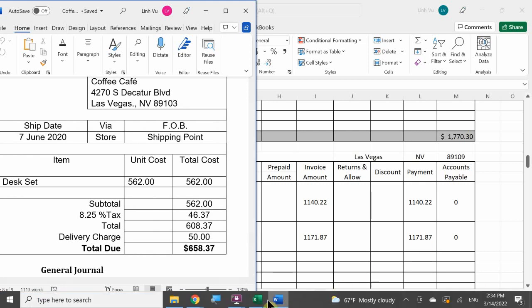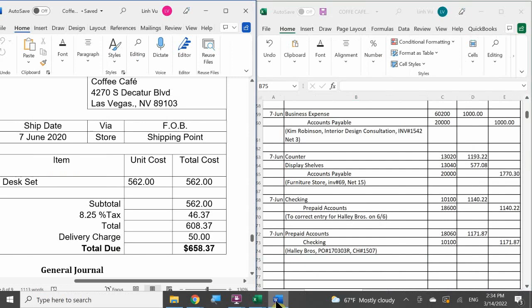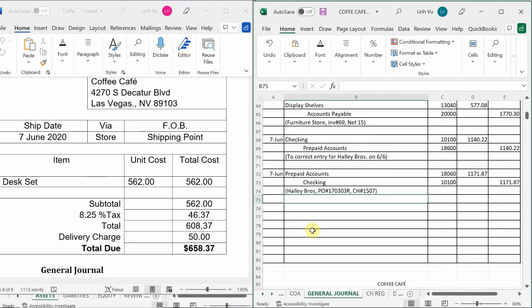So how should I journalize that I acquired a desk? How should I journalize that I acquire more furniture?